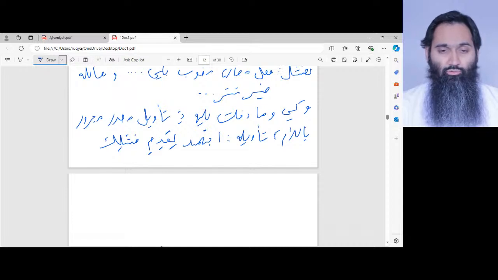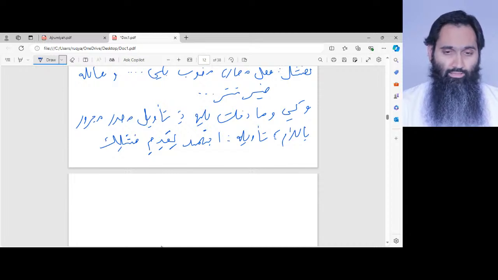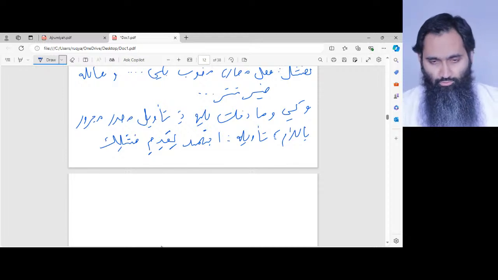Why is this majroor? Because this is mudaf ilayh here. This is mudaf. This is mudaf ilayh. Adam is majroor because of the lam, because of the harf lam, which is a harf of ta'lil wa jar. It's majroor because of that lam. And fashalika is mudaf, this is why fashalika is majroor also.